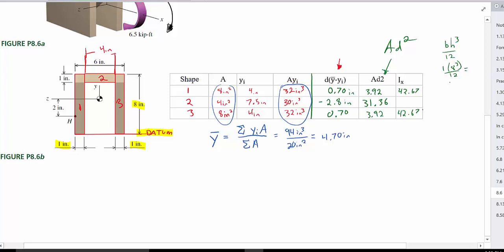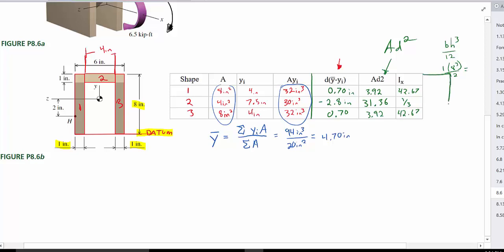And for number 2, our base is 4 multiplied by 1 cubed divided by 12, which is 1/3, right? So this is 1/3.